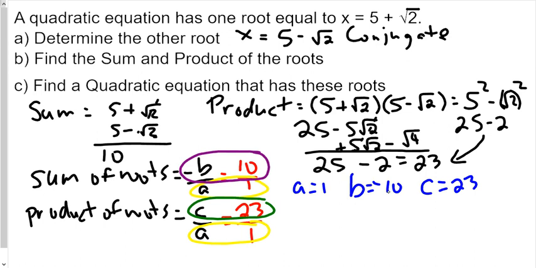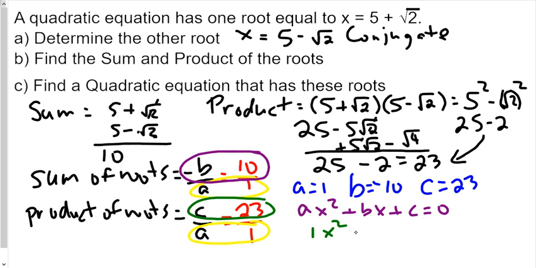Okay, one last thing. We found the a, b, and c values, and we're going to use our equation form, ax squared plus bx plus c equals 0. Now all we're doing is plugging the a value, the b value, and the c value in. So we get 1x squared, I'll use green here, 1x squared for a.